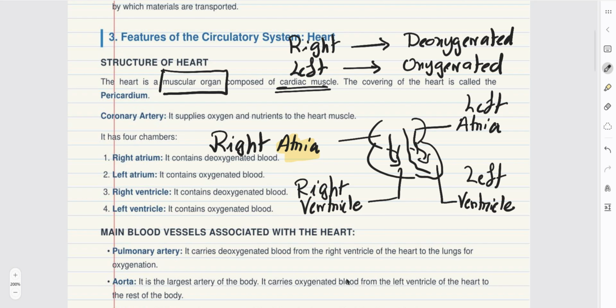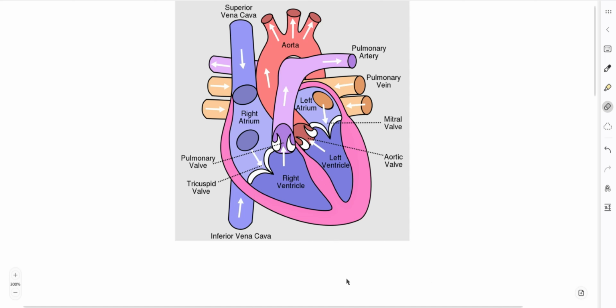So now let's look at a detailed diagram to understand better. This is what a typical heart looks like, and these are the structures that we should be able to identify when we are talking about the structure of the heart. See, the heart is surrounded by some blood vessels. What are blood vessels? Blood vessels are basically tube-like channels that carry blood all throughout the body. So if I just mark, this is the right atrium.